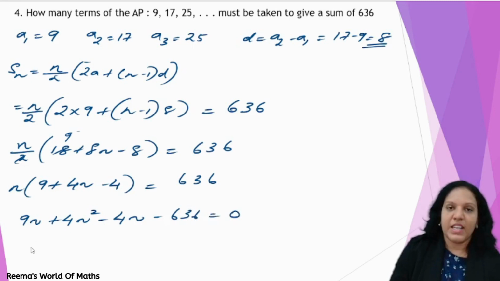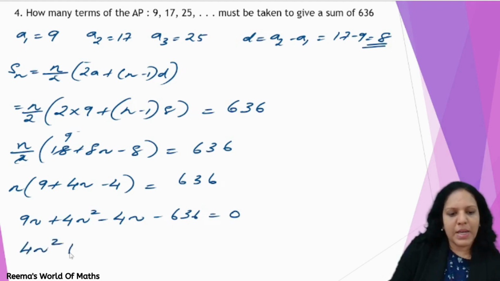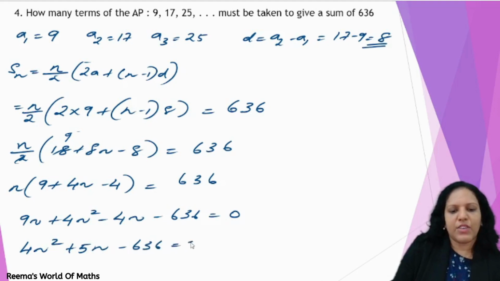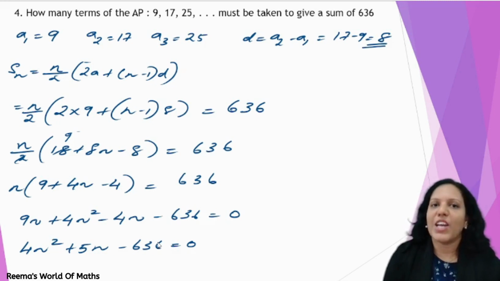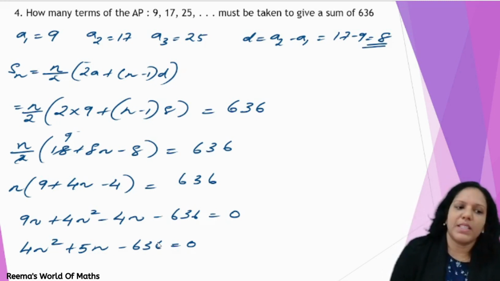So let's form a quadratic equation, which is 4n squared plus 5n minus 636 equals 0. Now we have got a quadratic equation. We need to find the value of n by using the splitting the middle term method.